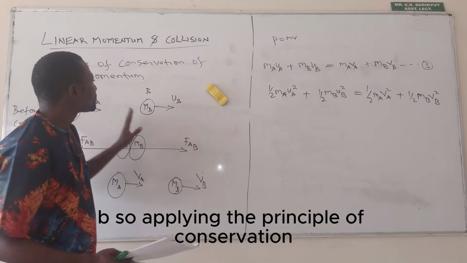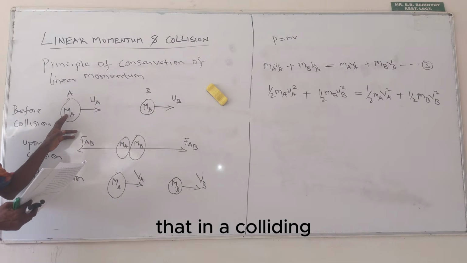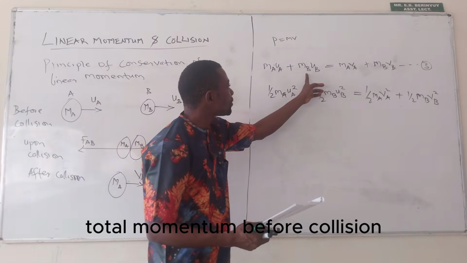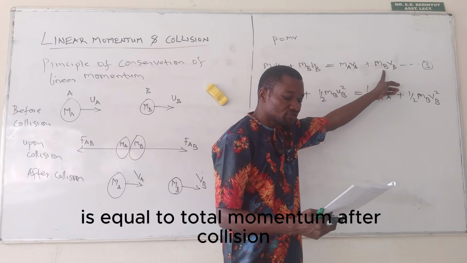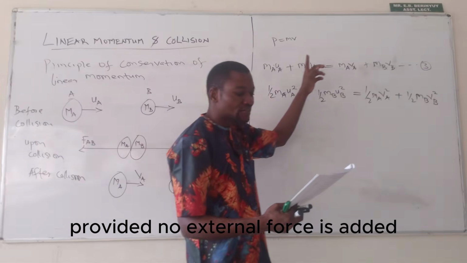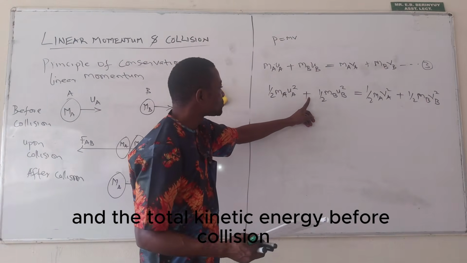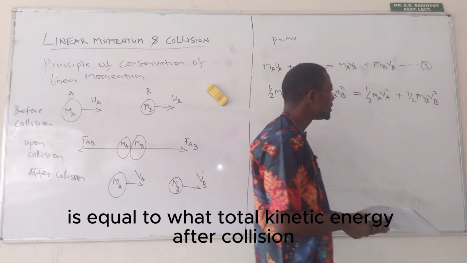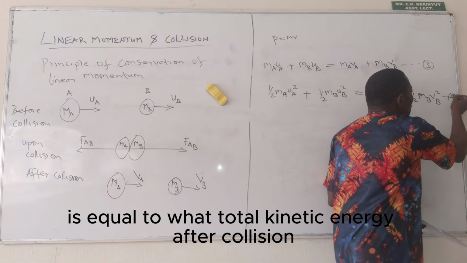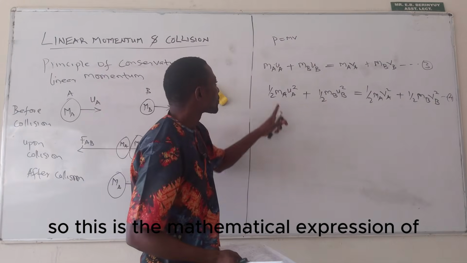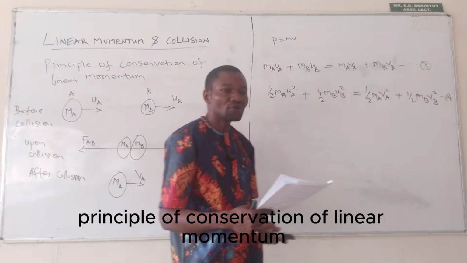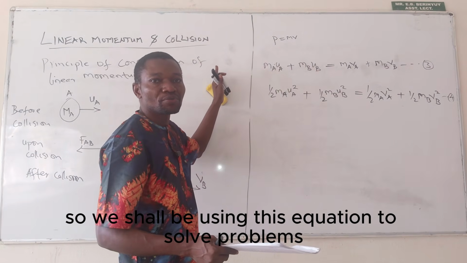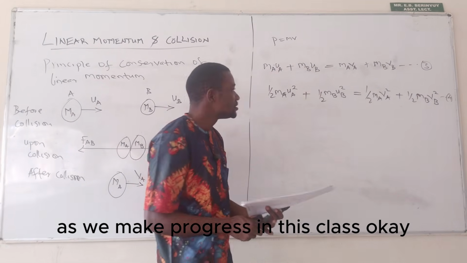So applying the principle of conservation, in colliding objects the total momentum before collision is equal to the total momentum after collision, provided no external force is added. And the total kinetic energy before collision is equal to the total kinetic energy after collision. So this is the mathematical expression of the principle of conservation of linear momentum. We shall be using this equation to solve problems as we make progress in this class.